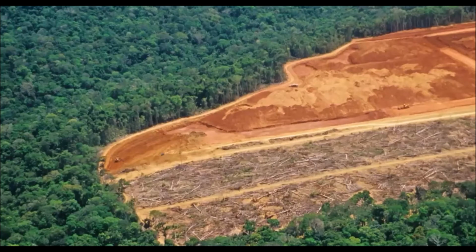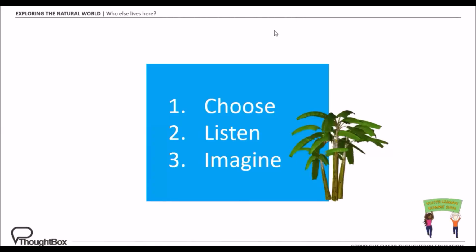Now that we talked about how everywhere we look, there are homes of other living beings, how many homes do you think were destroyed in this image alone? To try to understand deforestation a little better, we're going to do a small activity. First, you will have the option of choosing from 3 inhabitants of the Amazon rainforest.